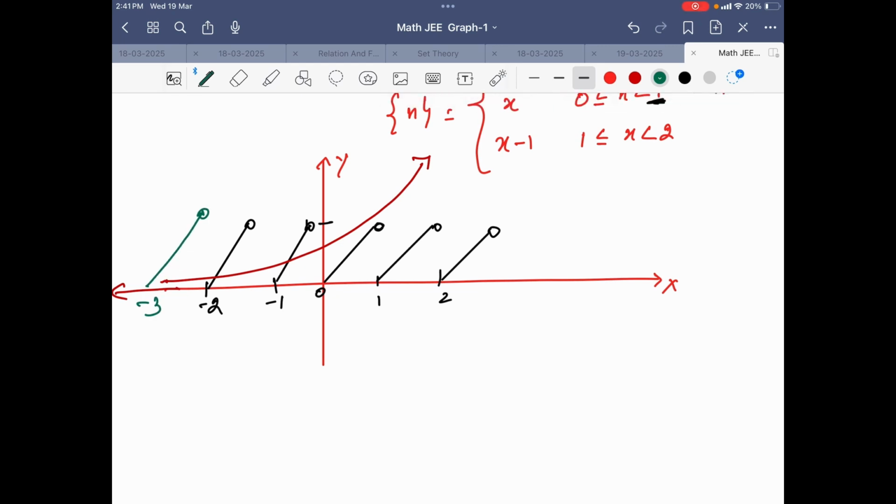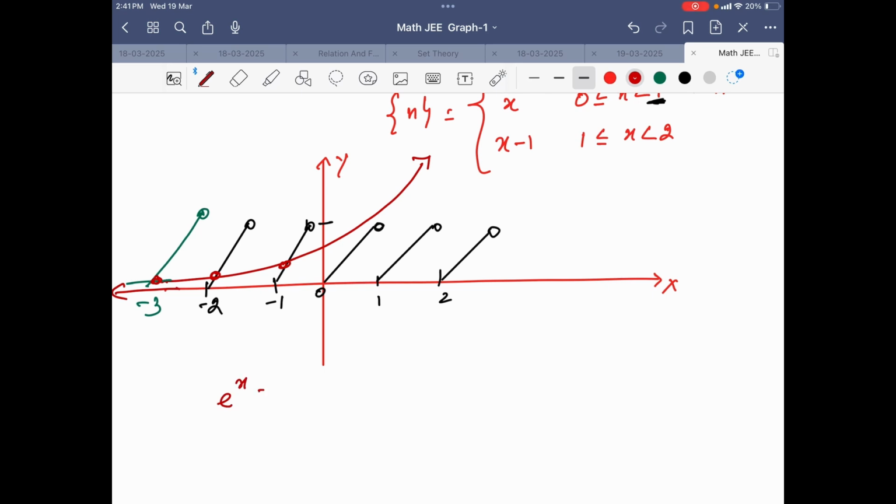This is minus 3. So there are infinitely many solutions possible, but only negative solutions are possible. Why? Because you can see there are intersections in the negative x values only. There is no positive real solution possible.